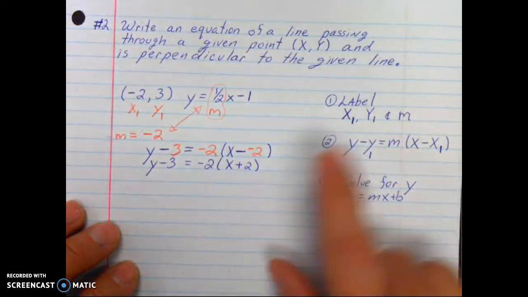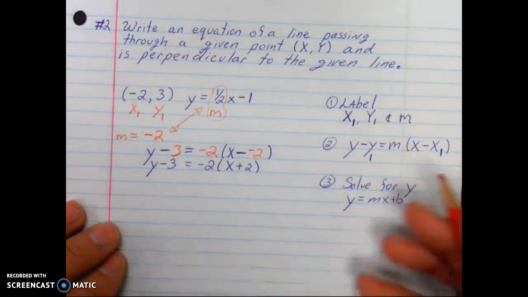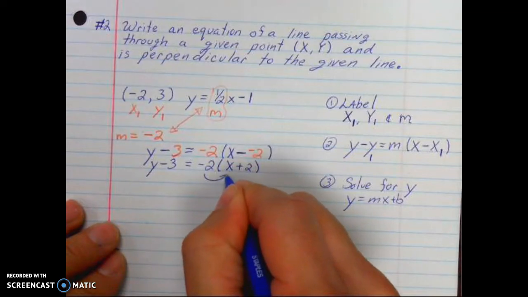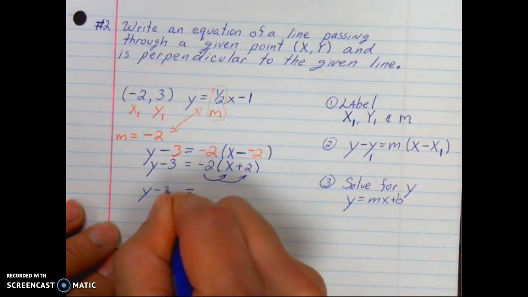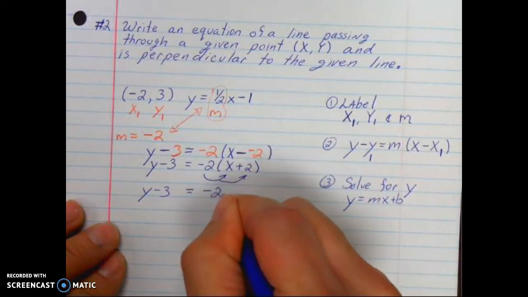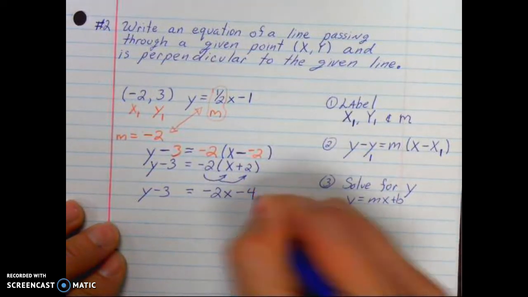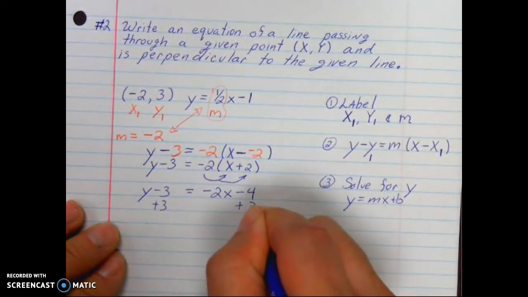All right, so now it's plugged in, and now I'm just going to solve for y. So actually I'm going to distribute. So I'm going to go negative 2 times my x, negative 2 times that. We get y minus 3, negative 2x, and negative 2 times positive 2 is negative 4. And then I'm just going to add my 3 to both sides.